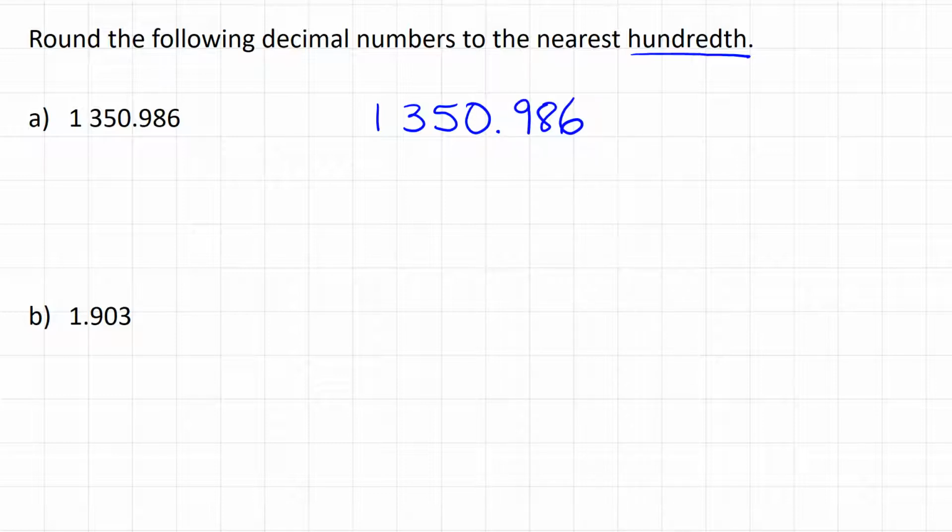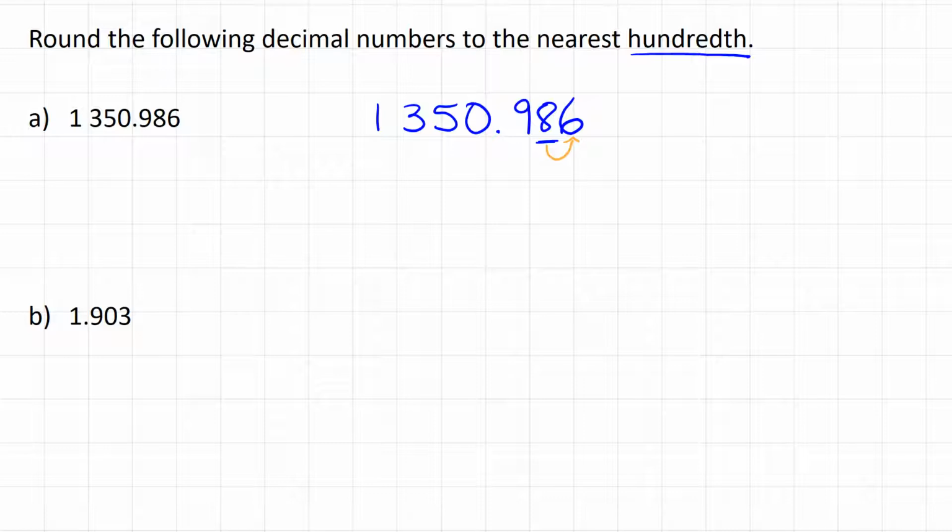1350.986. So I'm going to underline the hundredths place, which is the second number after the decimal, as we know it goes the decimal, tenths, hundredths, and thousandths. And because we're rounding to the nearest hundredth, we're going to look at the decimal place to the right of that hundredths place value, which is the thousandths place value.